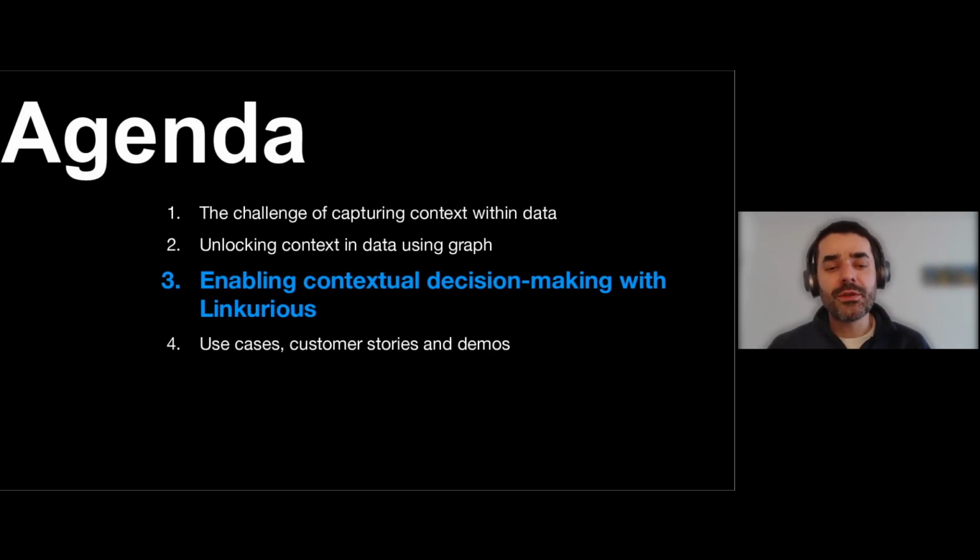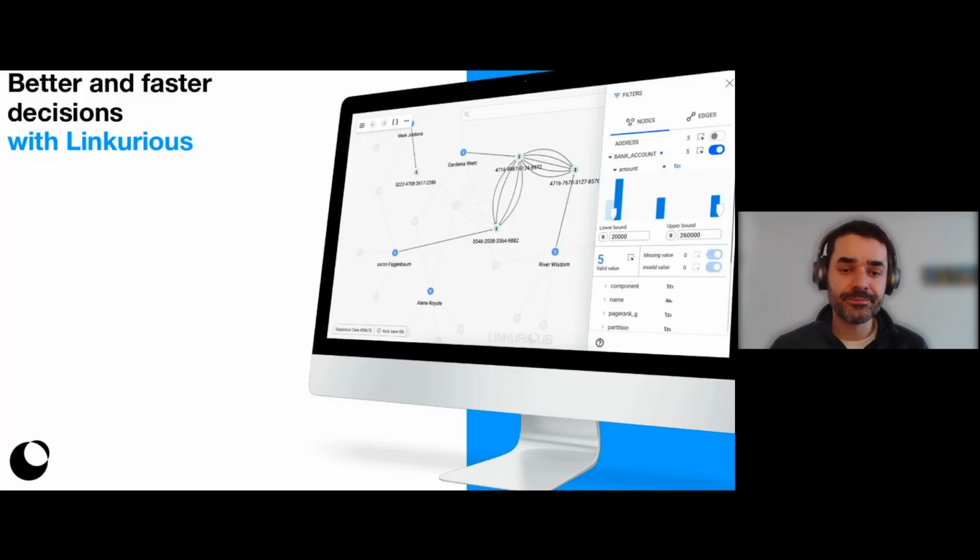So we have talked about the impact, the potential of graph analytics and graph visualization, and now I would like to talk about how Linkurious Enterprise, our flagship product, is really helping put that in practice. With Linkurious, it's possible to get better and faster decisions via a product that we have built.